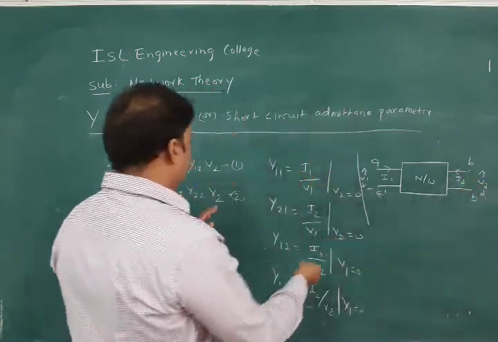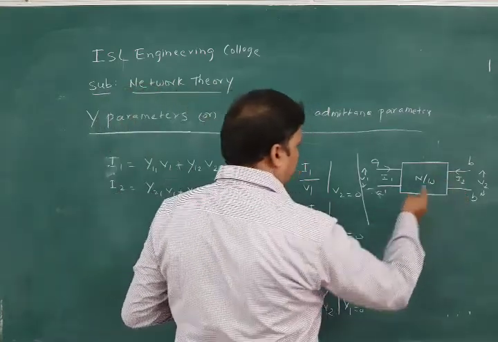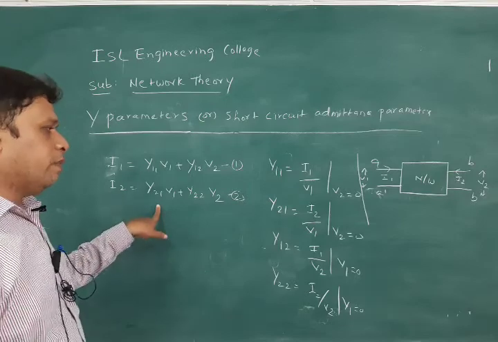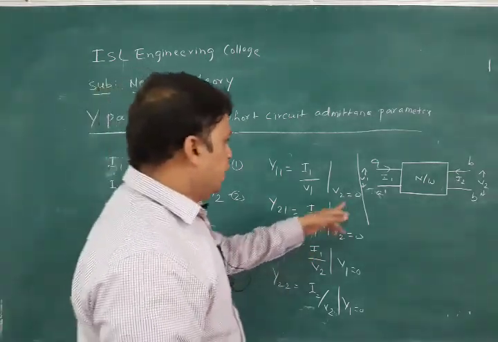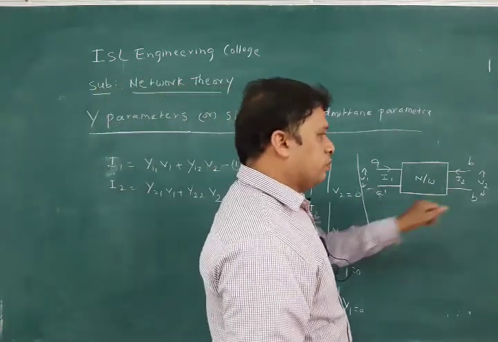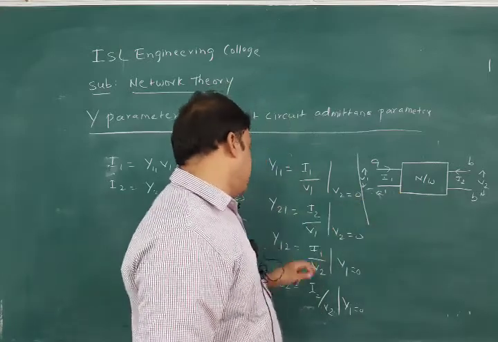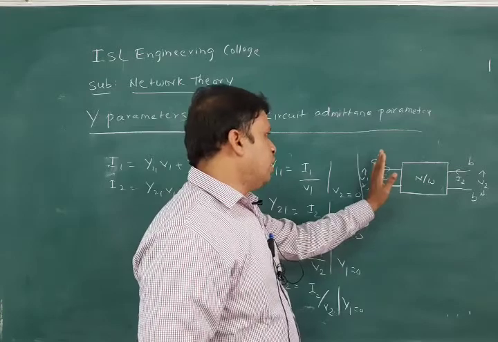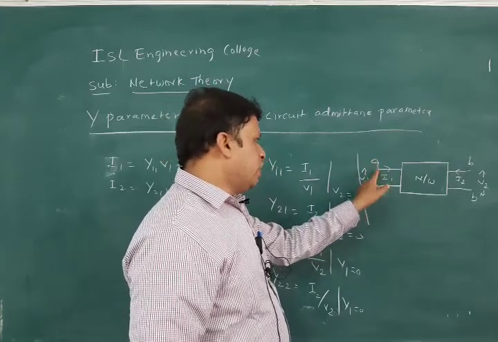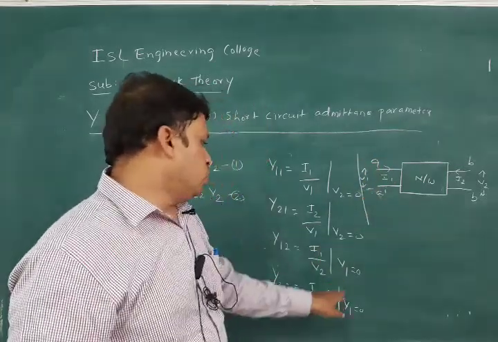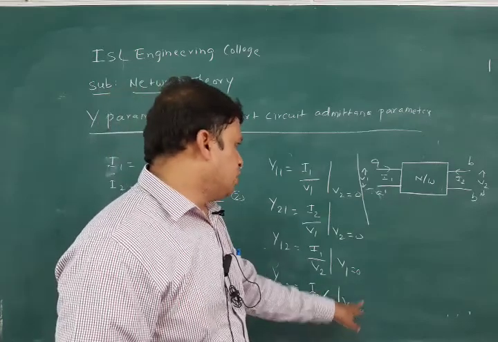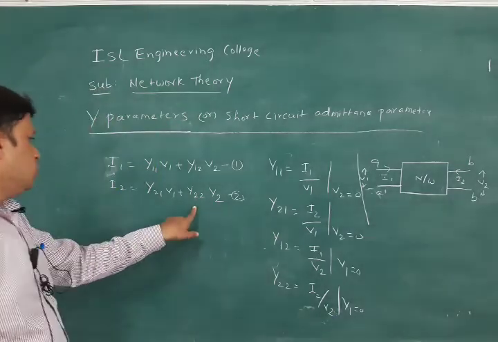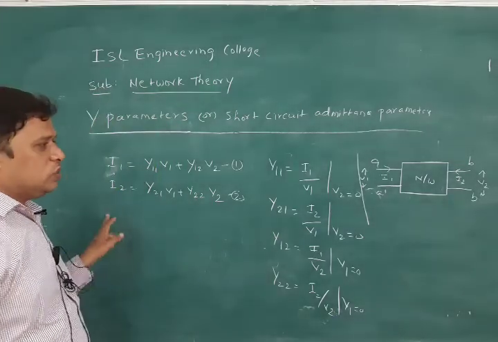V2 is equal to 0, this term becomes 0, and you can easily find Y21. Similarly, at this port, V1 is equal to 0 when you short circuit port a-a dash, and you get Y22, which is equal to I2 by V2.